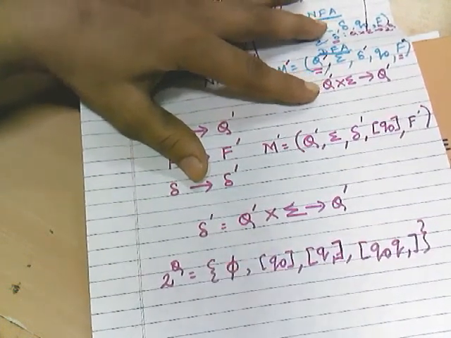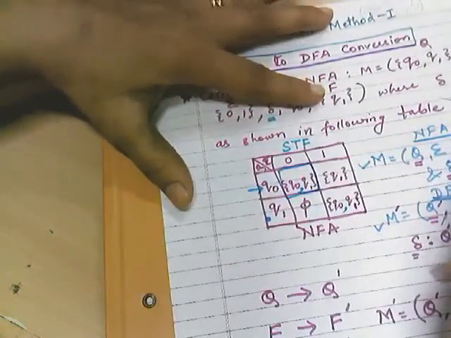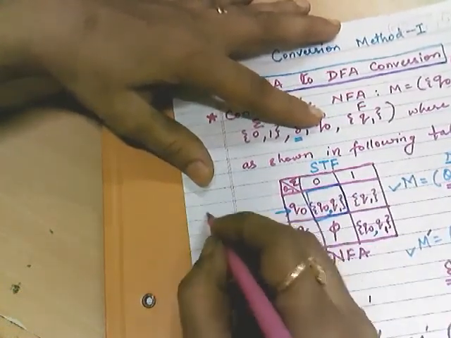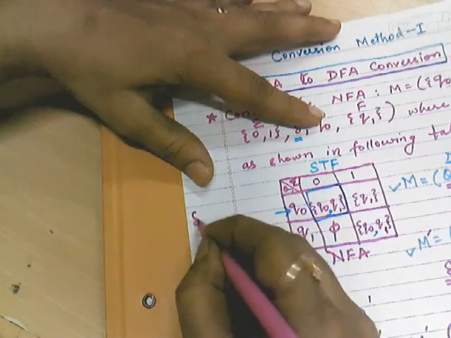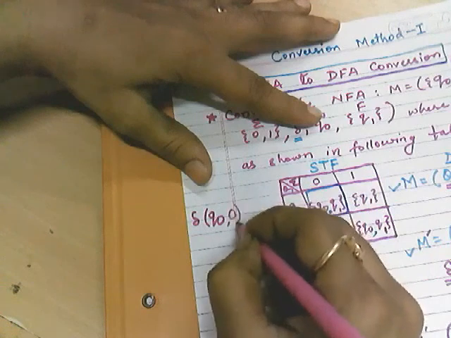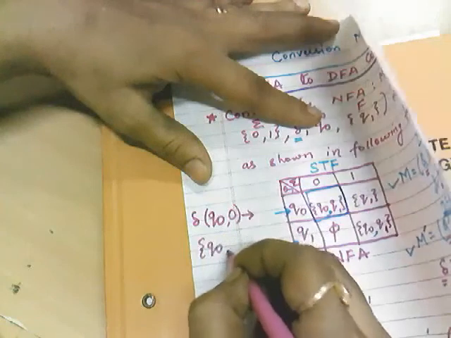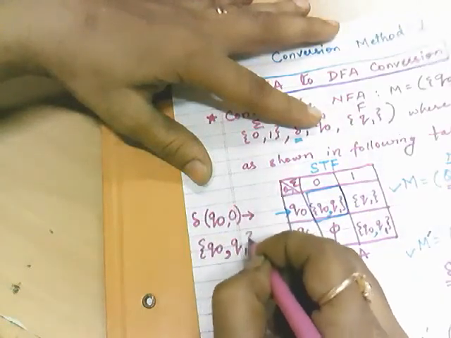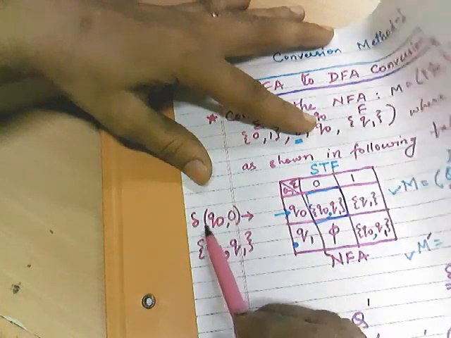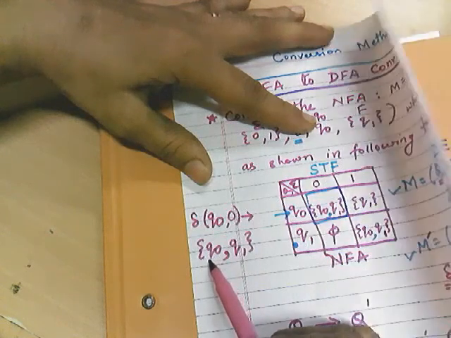Now see how the delta function is shown for NFA. For example, delta of Q0 comma 0 is going to give you Q0 comma Q1. This is the representation of the NFA, indicating that on Q0, input 0, it moves to two different states, Q0 and Q1.